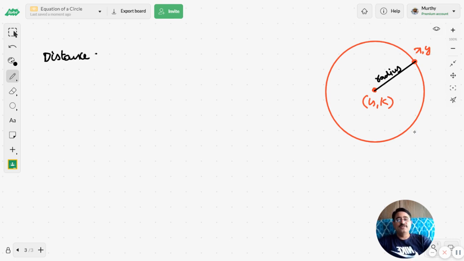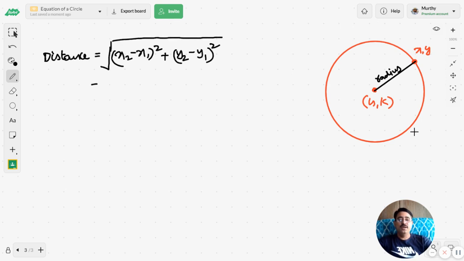Distance formula. Distance equals the square root of x2 subtract x1 whole square plus y2 subtract y1 whole square. Right? Now, in the place of x1, this one is y1.